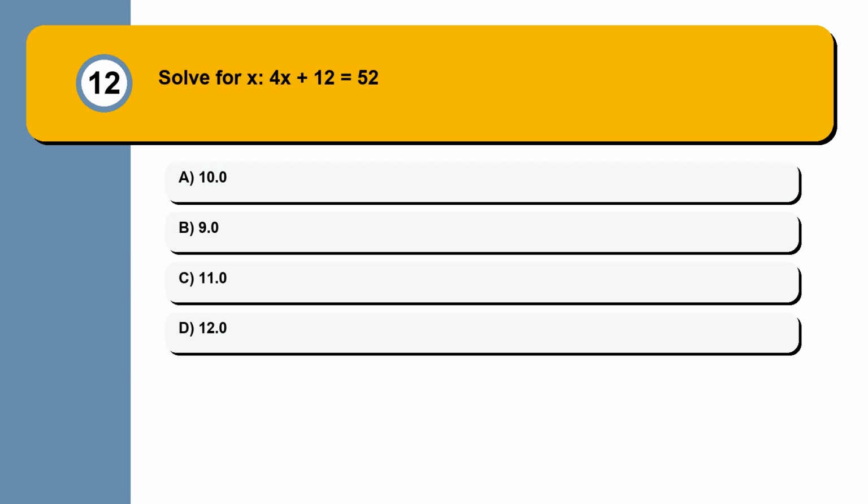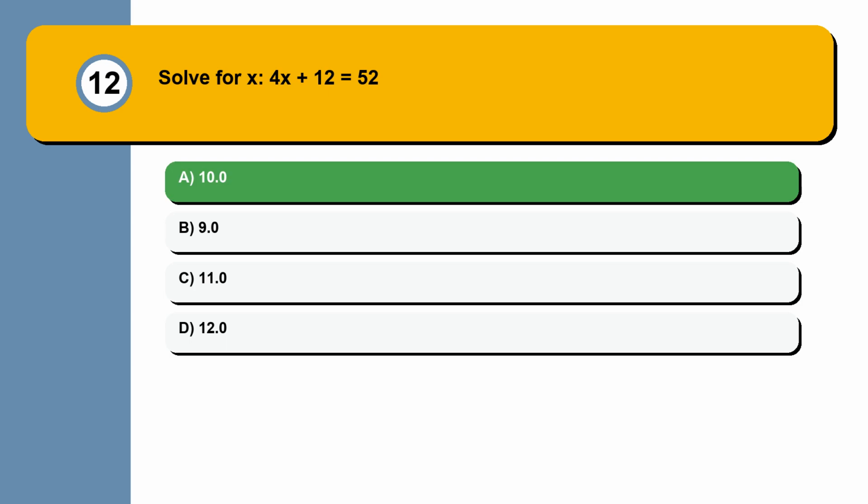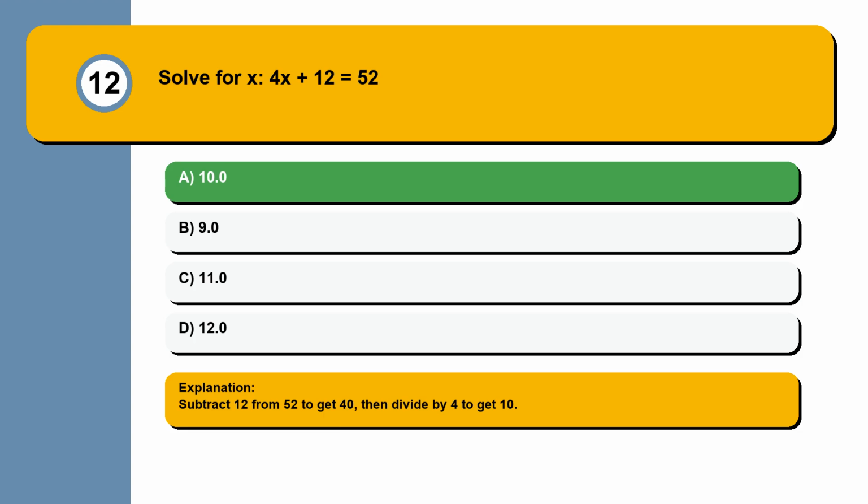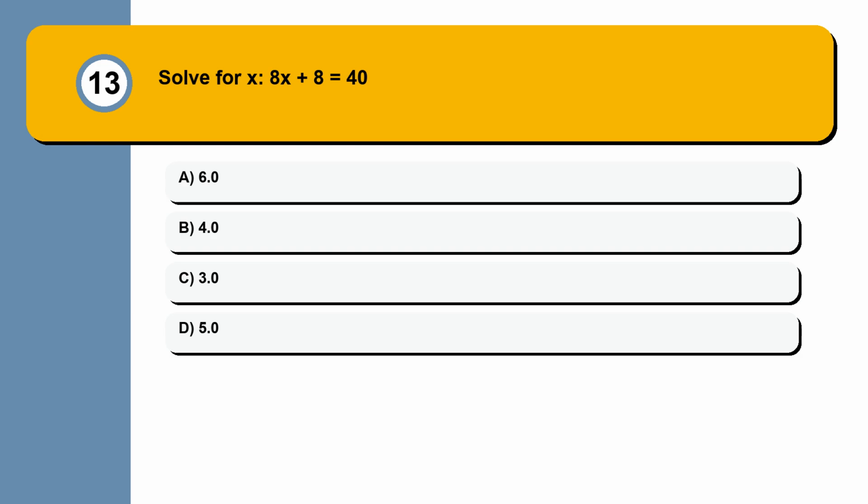Question 12. Solve for x. 4x plus 12 equals 52. Options: 10, 9, 11, 12. Subtract 12 from 52 to get 40, then divide by 4 to get 10. Question 13. Solve for x. 8x plus 8 equals 40. Options: 6, 4, 3, 5.